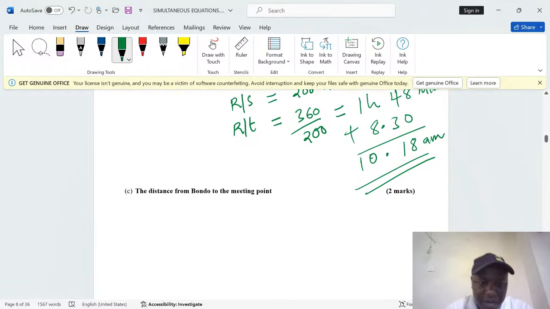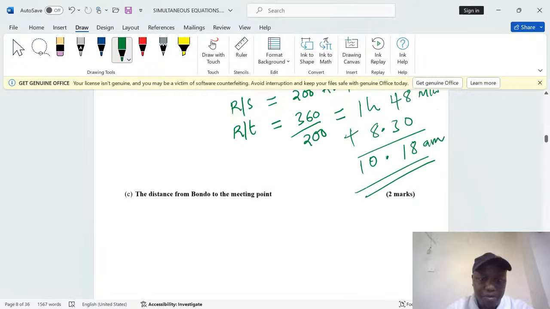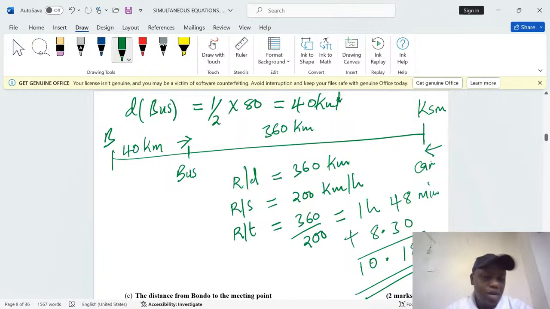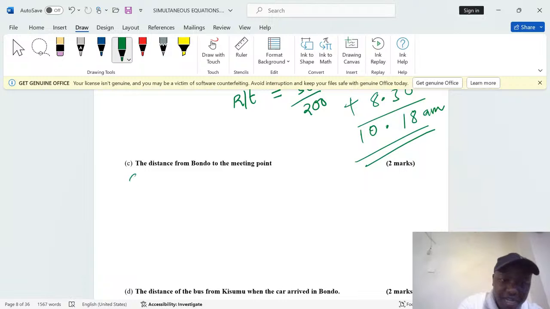Then we are also talking about the distance from Bondo to the meeting point. So for the distance from Bondo to the meeting point, we can consider the vehicle which is moving from Bondo, which is the bus. So we consider the bus moving at a speed of 80, and for them to meet, they are going to meet after 1.8 hours.